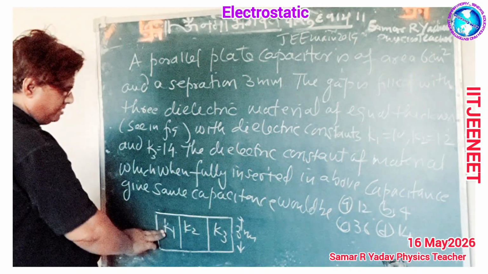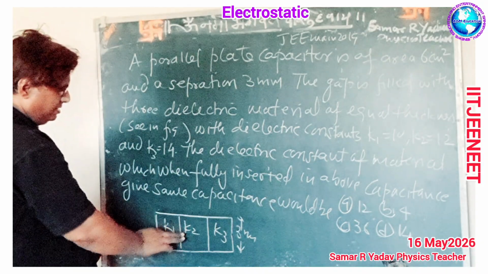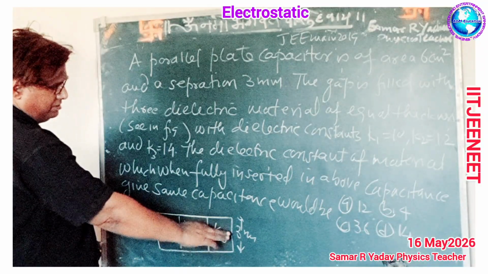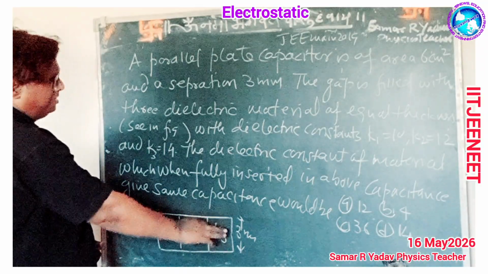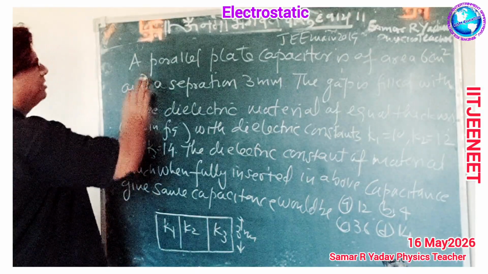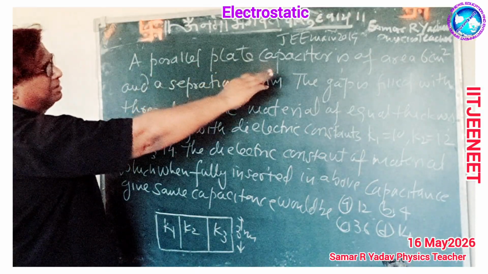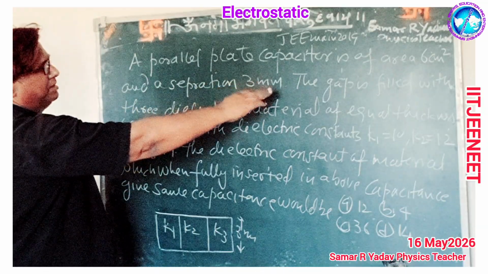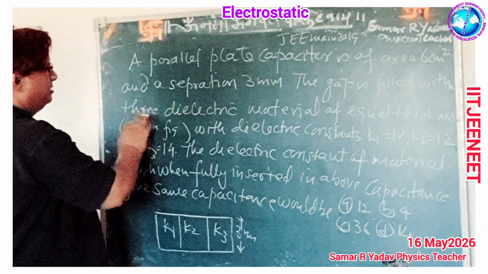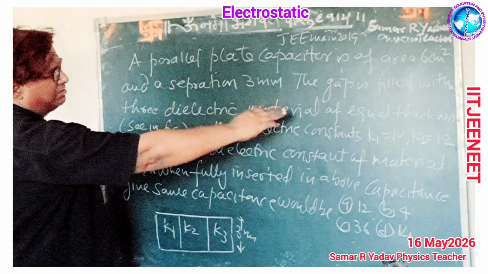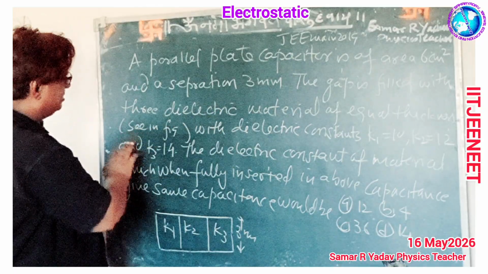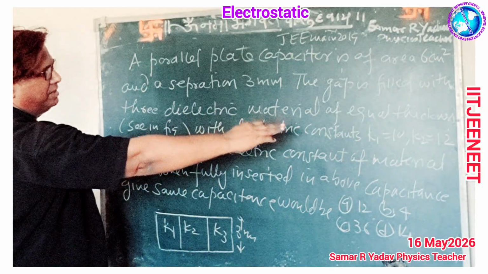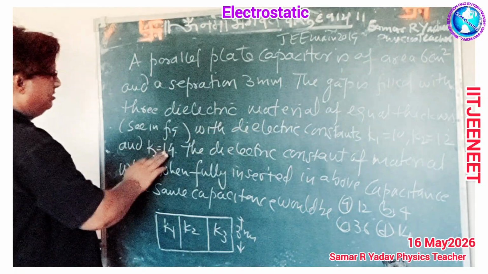Here 3 capacitors having dielectric constants K1, K2 and K3 have the same thickness. Again, a parallel plate capacitor is of area 6 cm square and separation is 3 mm. The gap is filled with 3 dielectric materials of equal thickness, with dielectric constants K1 10, K2 12 and K3 14.